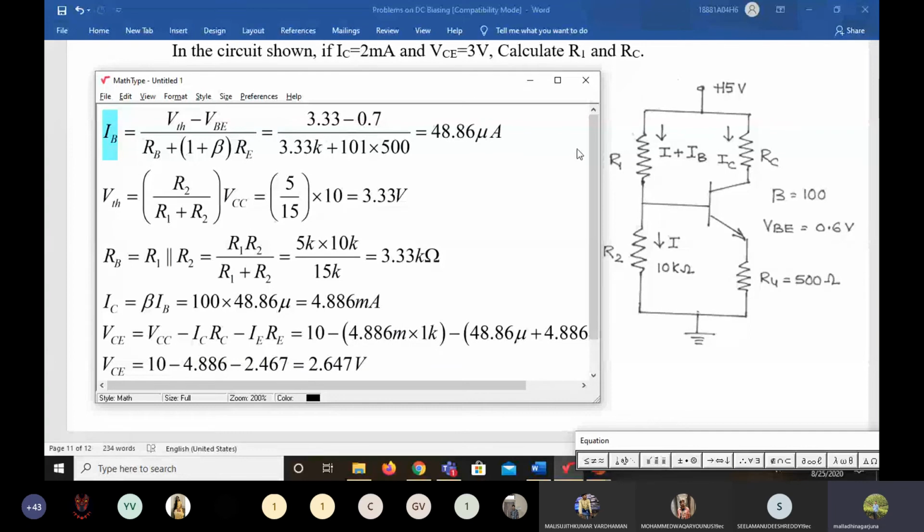Now in this equation, to calculate the RB value, you must know the remaining factors. VB is known, that is 0.7, 1 plus beta is known, RE is known, that is 500 ohms. Everything is known; the only unknown factor here is VThevenin.